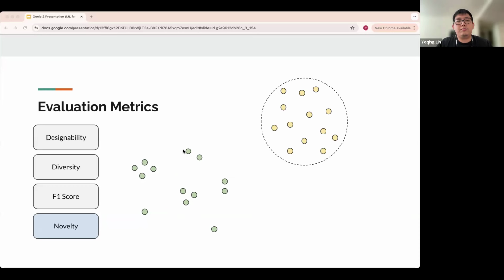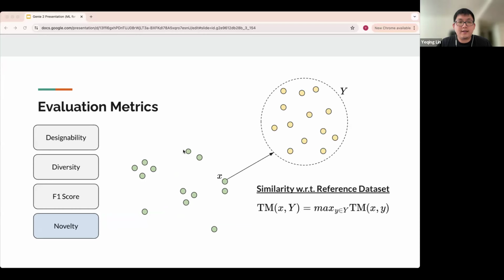Here we compare to two reference data sets: one is the PDB data set, and the other is our training data set, which we call AFDB. To measure how novel a structure is, for each generated structure we compare its distance against the reference data set, and the similarity is measured by the equation below, which is just the maximum TM score to any structure in the reference data set.